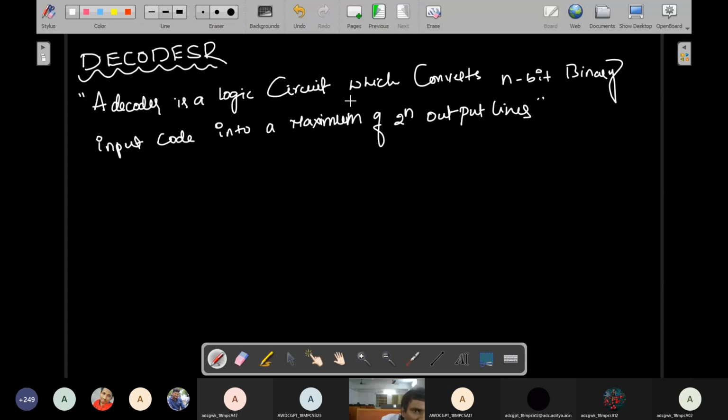A decoder is a logical circuit which converts n-bit binary input code. It means the decoder has n number of inputs and 2 power n number of output lines. That is the exact definition.